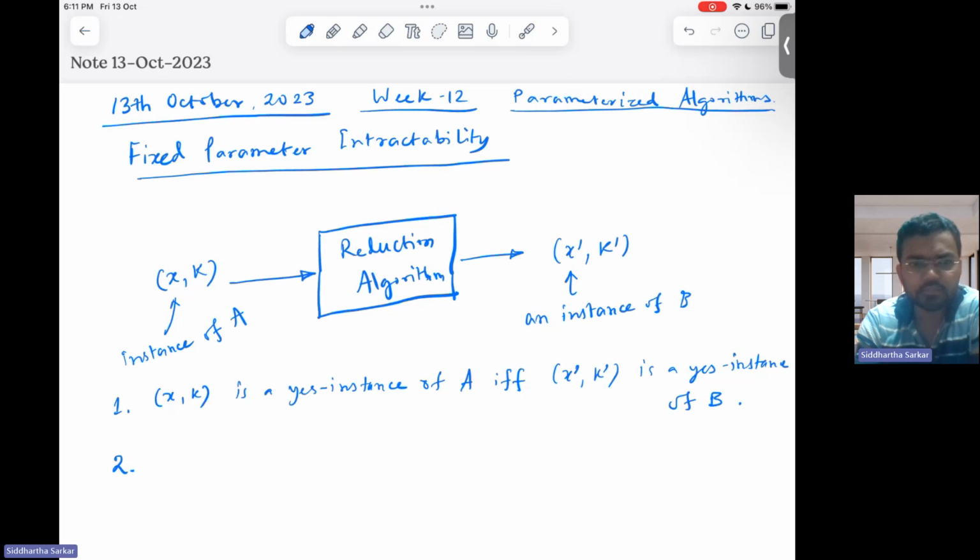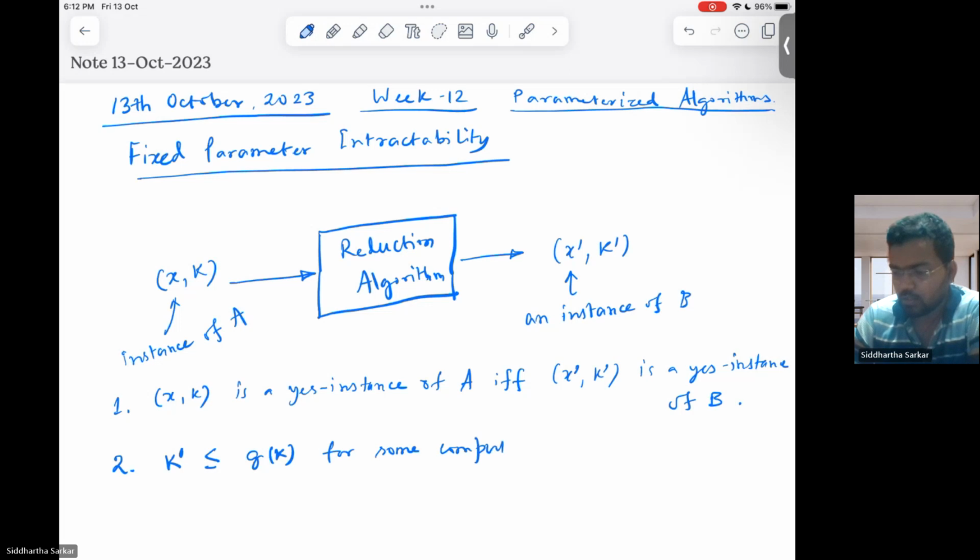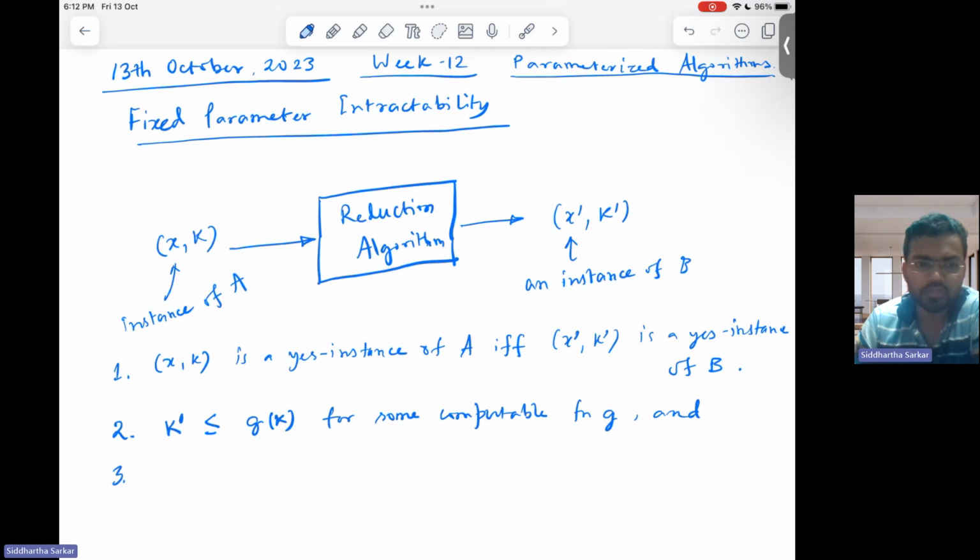The second condition is that the new parameter k dash should be bounded by some computable function g of k. And the third condition is that this whole process, this reduction algorithm, should not take more than a certain time.